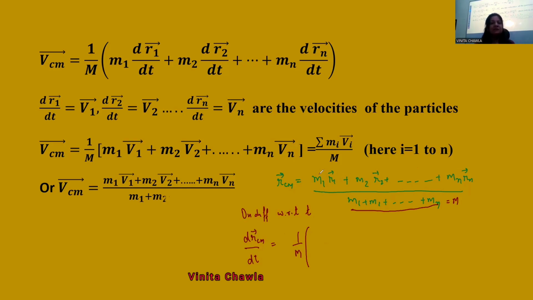So let's consider the first term. We cannot differentiate m1 because it is a constant. So we can only differentiate position vector, because position vector is changing with time. Now object is moving, particle is moving, so it's only its position that is changing, not mass. ठीक है, तो हम स्मॉल m1 को तो डिफरेंशिएट नहीं करेंगे.